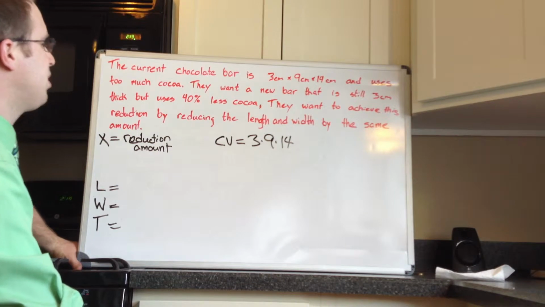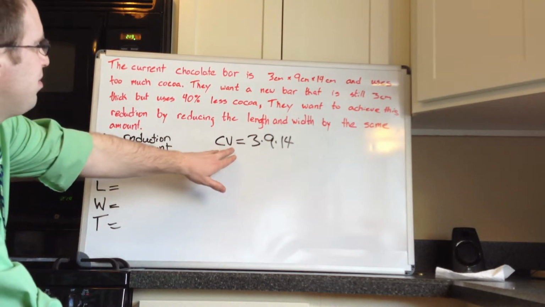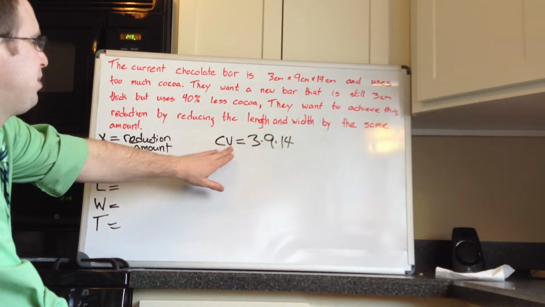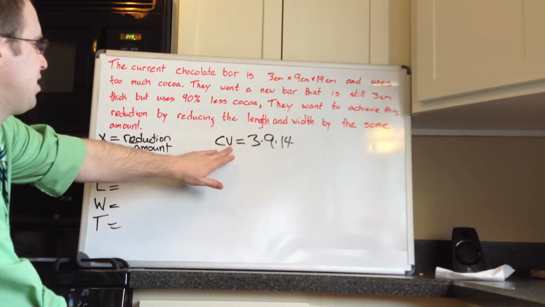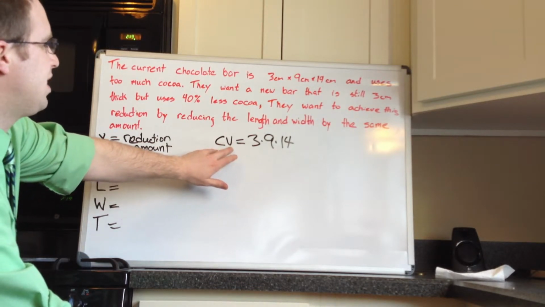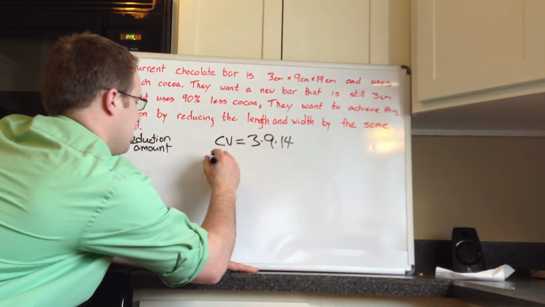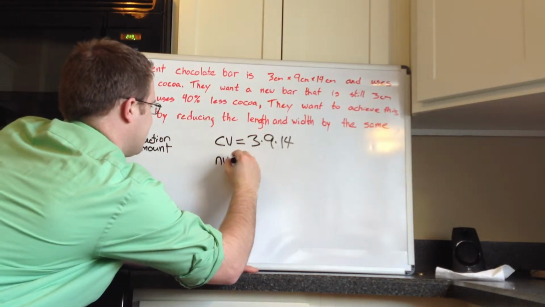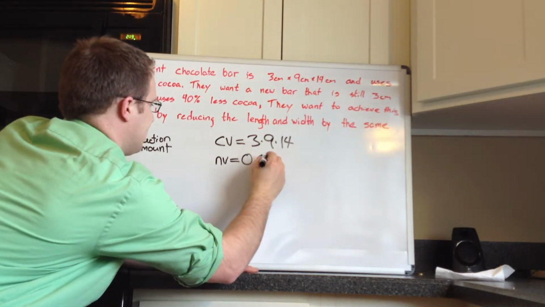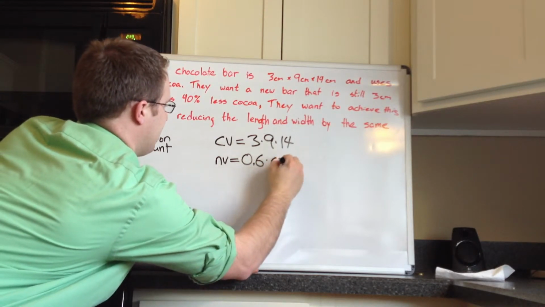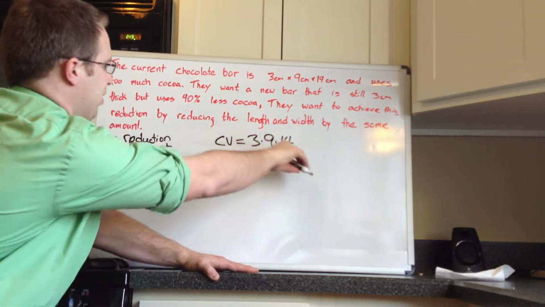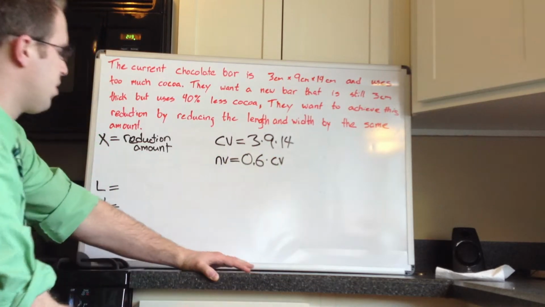So what's 40% less than the current volume? Well, that's the same as 60% of the current volume. 40% less than 100% is 60%. 60% is 0.6. So our new volume, NV, is going to be 0.6 times the current volume, which is this. You will have a real number for this when you figure it out.